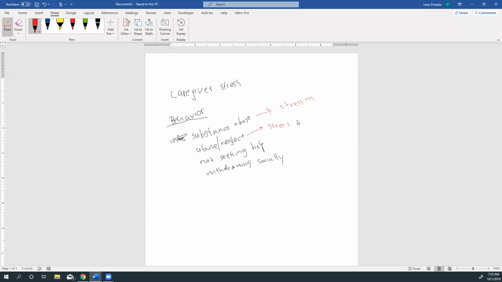Now, what about not seeking help? We said that the caregivers didn't have knowledge about resources, and that we would have them be able to at least state two or three resources that they could seek out.